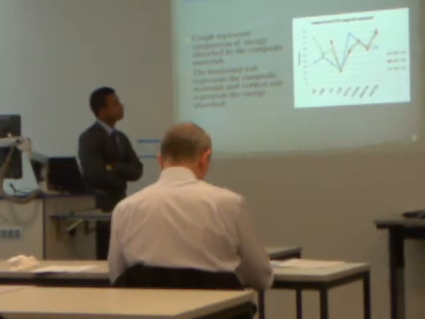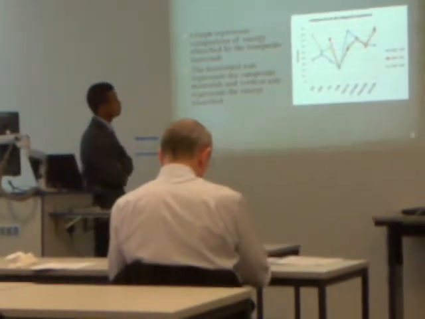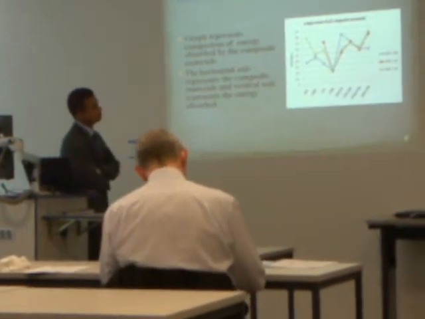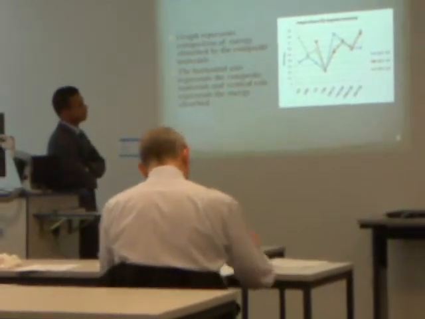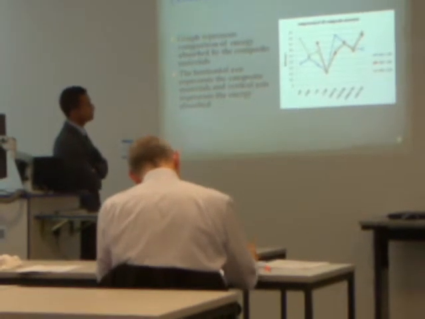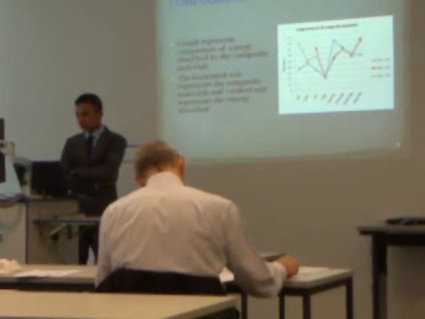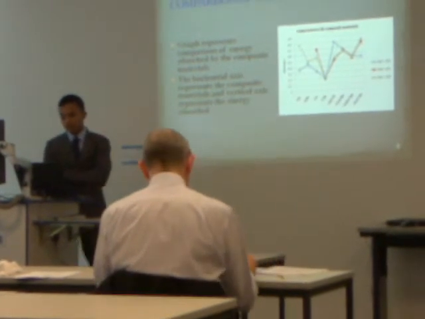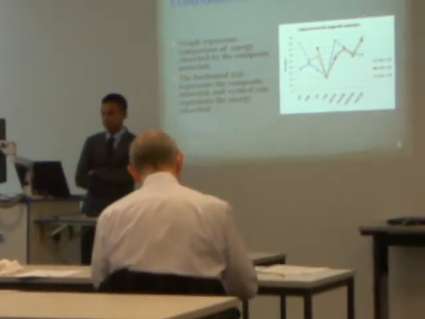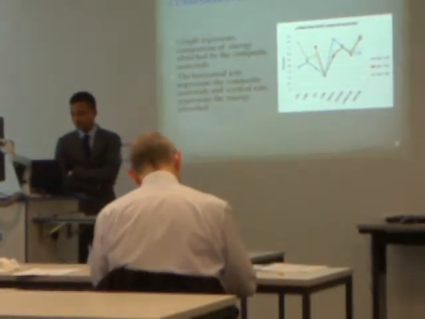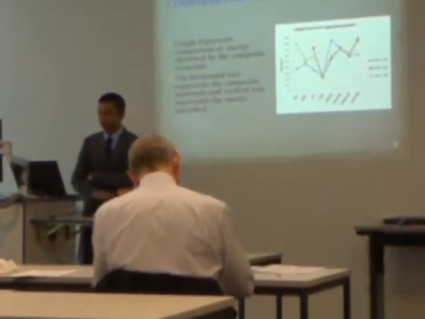Comparison of all the test results at different defects at different layers, like 3, 4, 4, 5 and 5, 6. From this comparison, we can say that the composite material G0, C90 absorbs more energy than the rest of the composite materials.